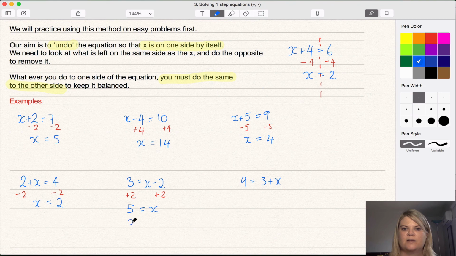Lastly, this is a plus 3, so we take away 3, and the plus is the sign in front here, not this plus. This plus goes with the x. These two cancel, we're left with x, and 9 take 3 is 6. And we can rewrite that as x equals 6. Thanks for watching the video.